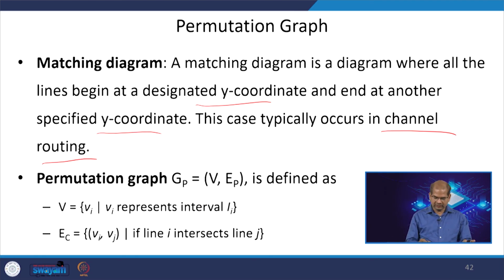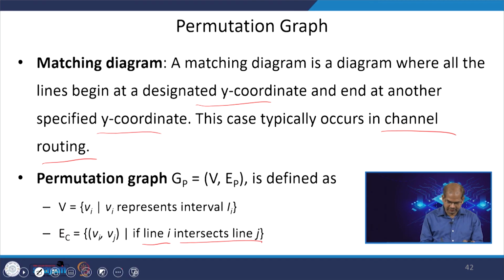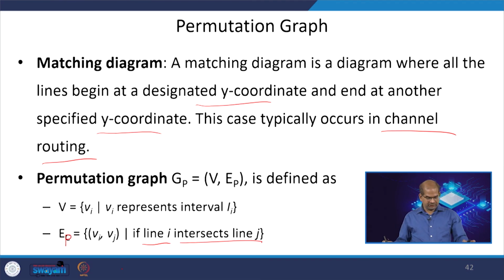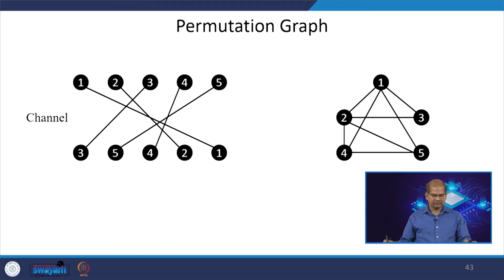The permutation graph is defined as: if line i intersects line j, then we have an edge E_P. So, basically E_P is the line i intersecting line j. So, this is your matching diagram.